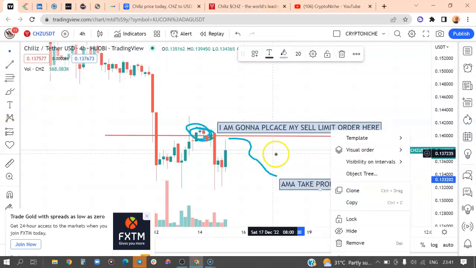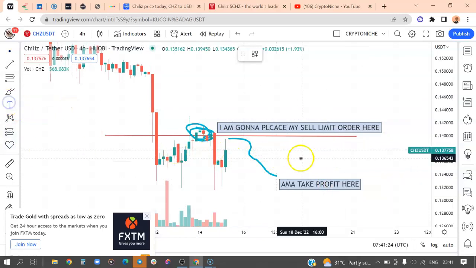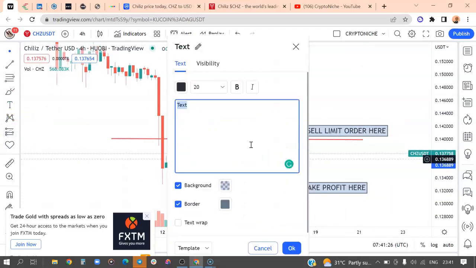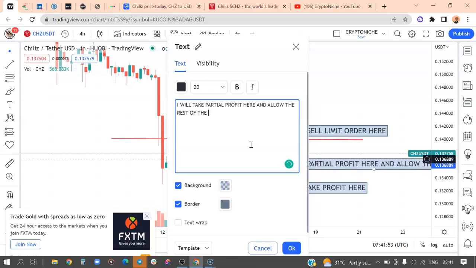So at this point here, I will take partial profits here and allow the rest of the trade to run.